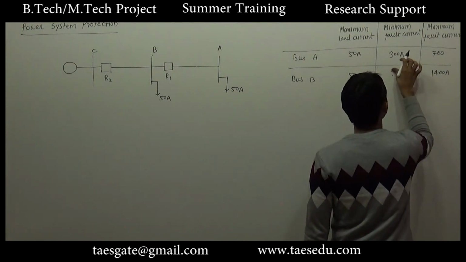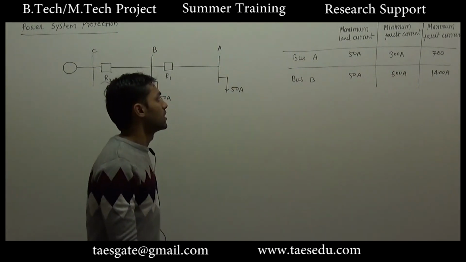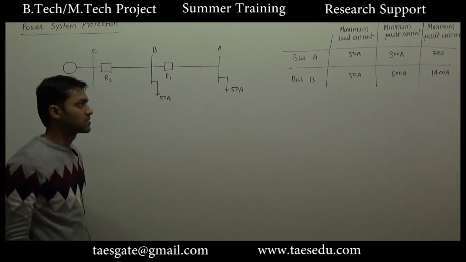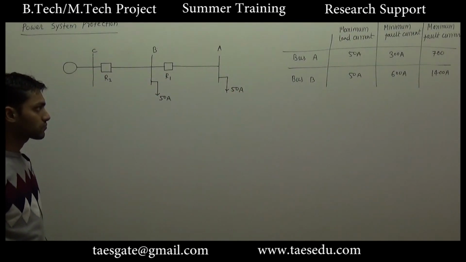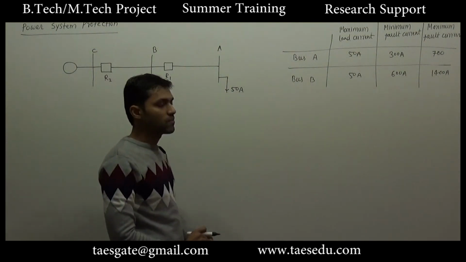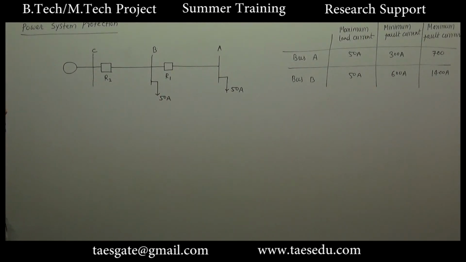Let's say this is 600 ampere. Minimum fault current at bus A is 300 ampere, at bus B is 600 ampere. So the maximum load current is given, minimum and maximum fault currents at bus A and bus B are given.